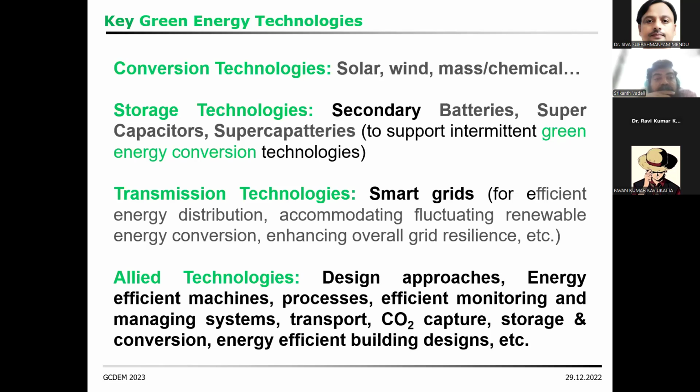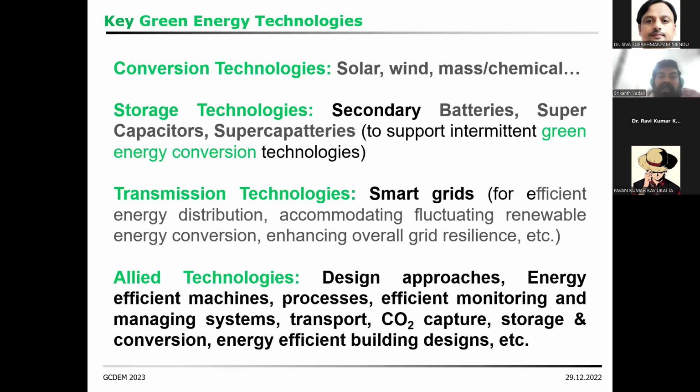And then come the transmission technologies, for example, smart grids. You want to store, and you also want to transmit from place to place. Generation is a well-known technology, but we are looking into all of these from the green perspective.